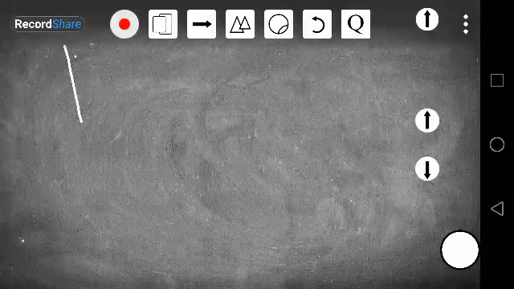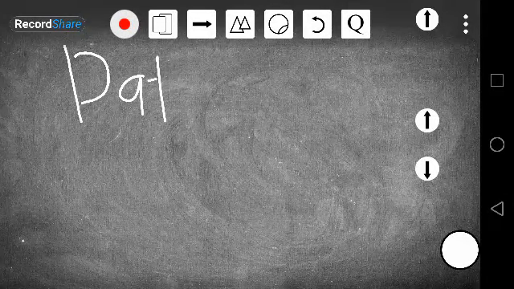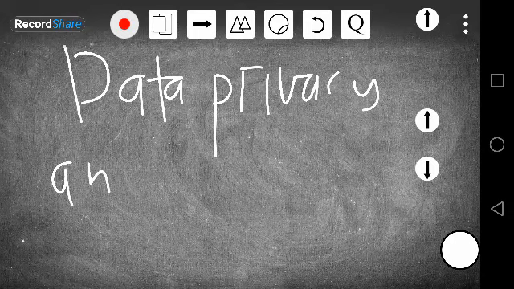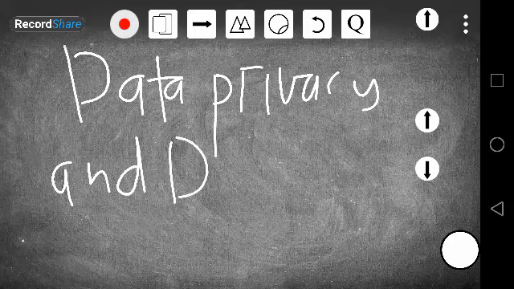Today we are going to look at data privacy and data integrity.